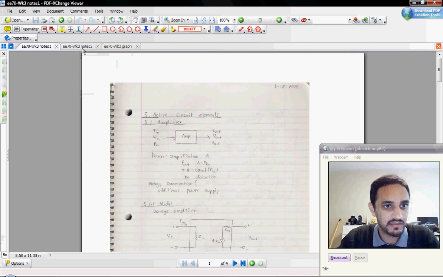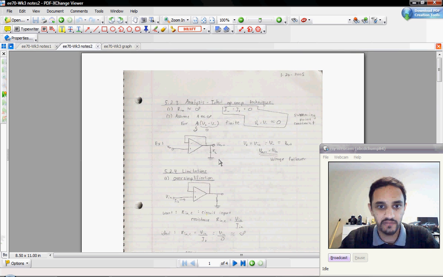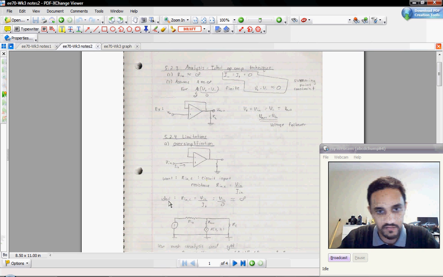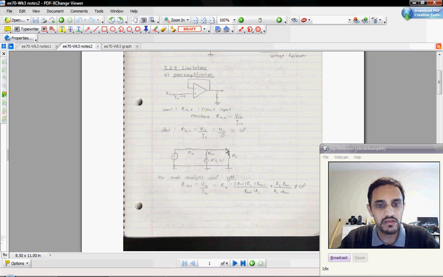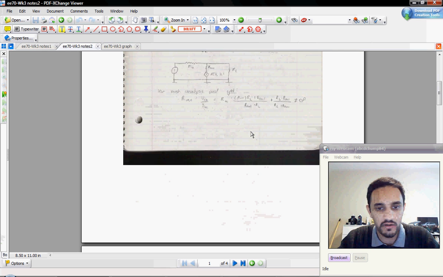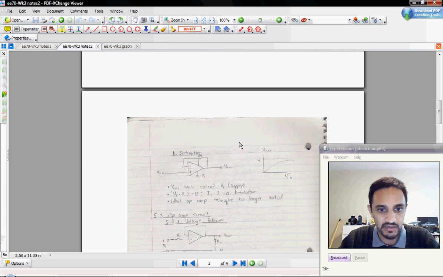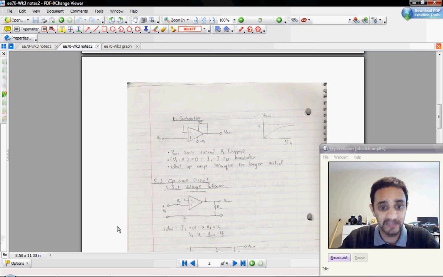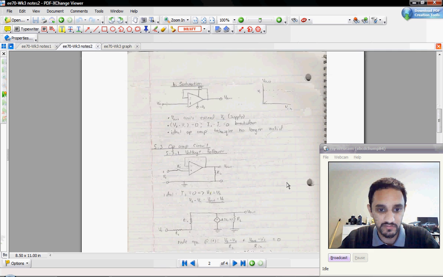Okay, so let's look at the second day's worth of notes. This is talking about analyzing operational amplifiers. Then we have its limitations, with a sub-idea about oversimplification and a sub-idea about saturation. Then we have how to design circuits with operational amplifiers.